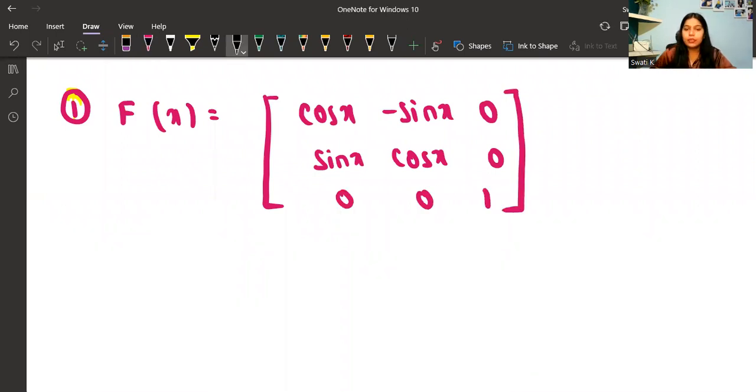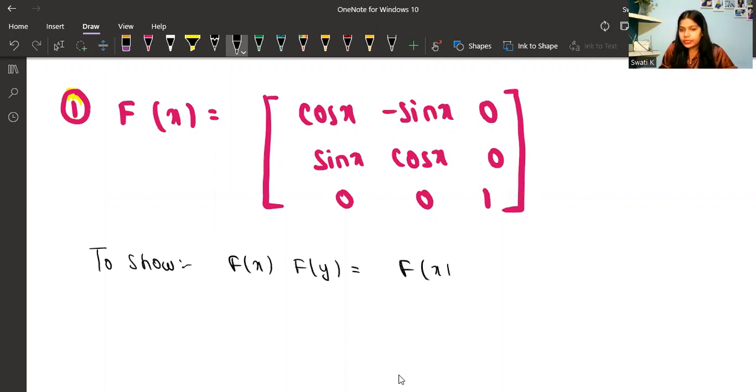Okay, what we need to prove is that f(x) times f(y) is equal to f(x plus y).